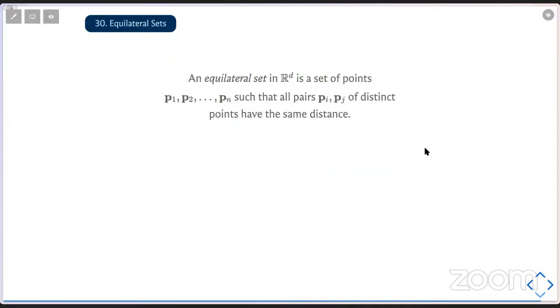Okay, so let's recall that we were thinking about equilateral sets, and as a warm-up, let's look at the L infinity distance, which is the largest difference between any pair of coordinates. You go over all the coordinates and pick out the largest difference.